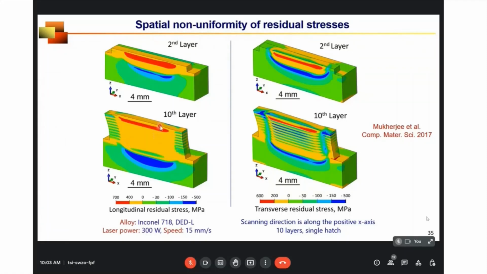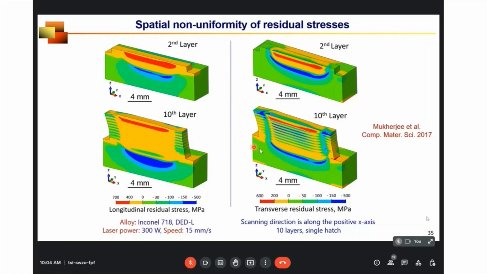And then at the end of the 10th layer, you can see the observation is very similar to the second layer. Near the top of the deposit, where we have the highest amount of residual stress, after the deposition of the next layer in this location, the high amount of residual stress is partially alleviated.